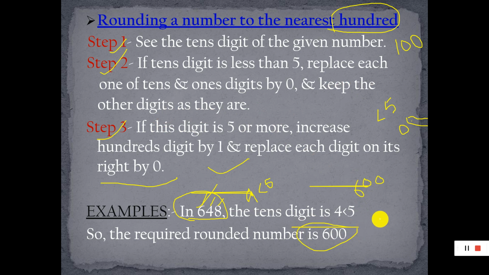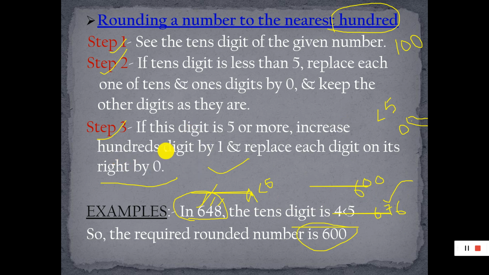And we take another example: 676. So you can check the tens digit. The tens digit is greater than 5. So what can you do?